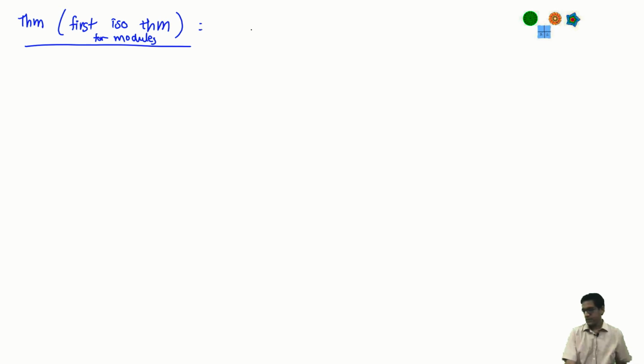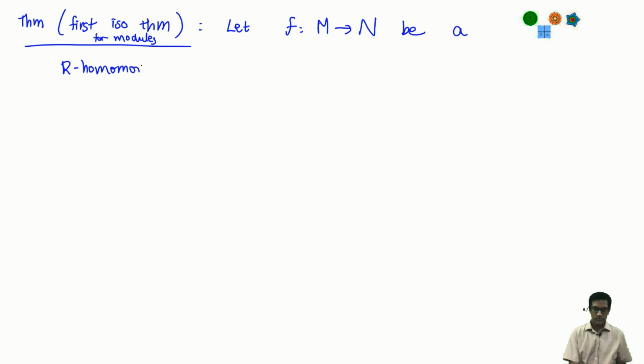So what does this say? It says that if I let f: M to N be an R homomorphism, then M modulo the kernel of f, that's the quotient module, M mod the kernel, is isomorphic, this is the symbol for isomorphism, to the module image of f.